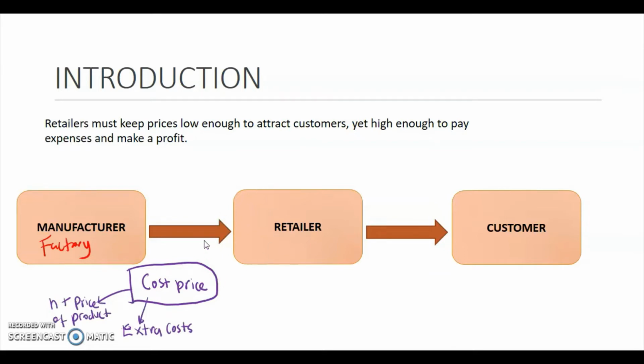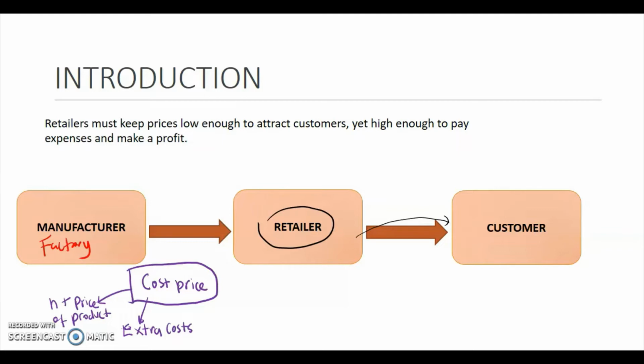Now the product is already in the retailer's hand. The next step is the process of selling that product to the customers. Obviously the product is then sold to customers at a higher price because the retailer wants profit.